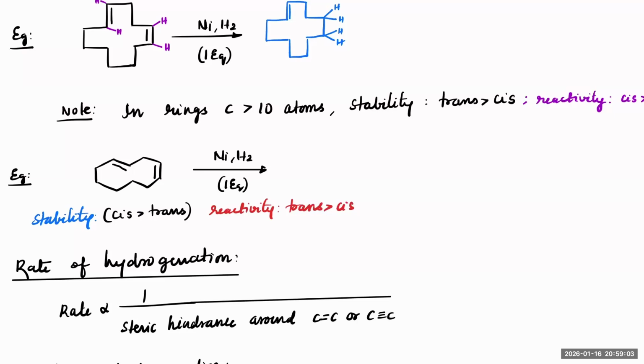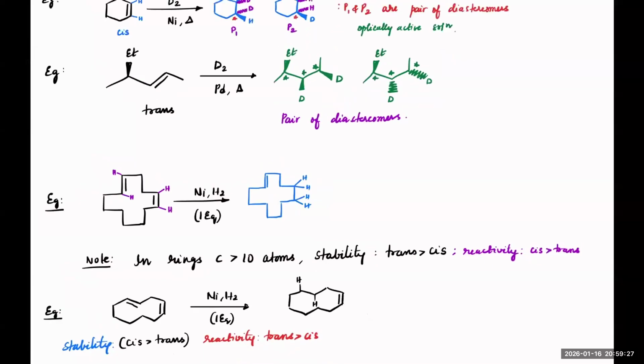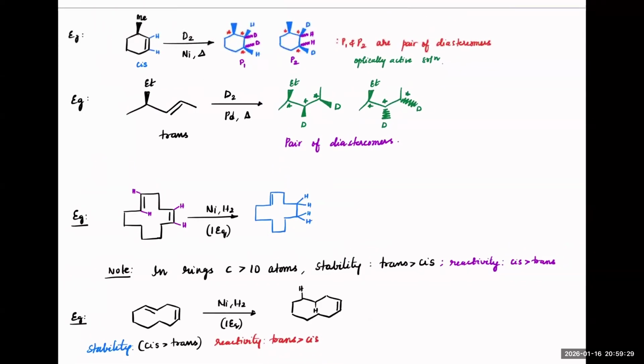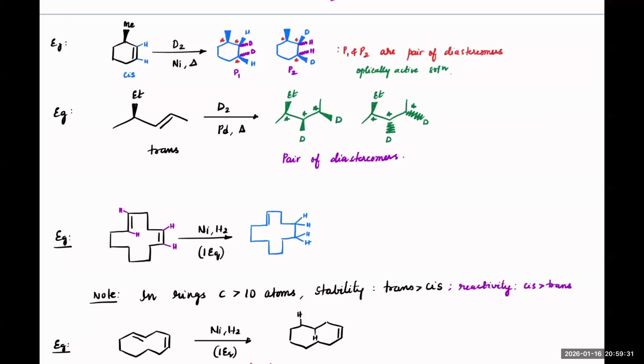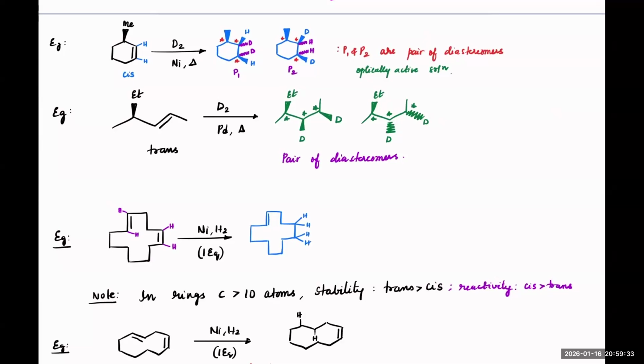In such a case, how does the product look like? This way. And now you will be adding hydrogen here. Hydrogen and hydrogen getting added. This double bond will remain. Got it? Clear? Please make a note of these examples. If you have any doubt, you can ask me now. Okay, I'll pause for a minute.